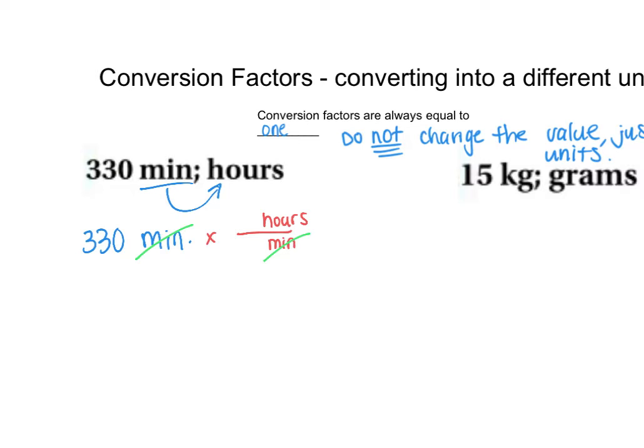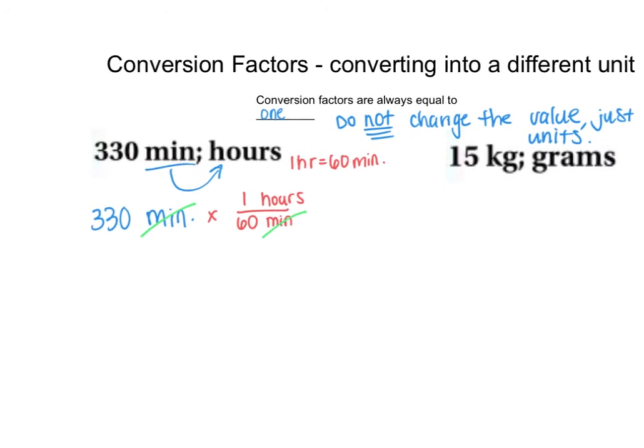Now, a minute is not equivalent to an hour, so we have to find out something that is equivalent. So in 1 hour, we have 60 minutes, okay? 1 hour is equal to 60 minutes. Okay, so that's how we're going to set up our conversion factor, and all we do is just multiply it.